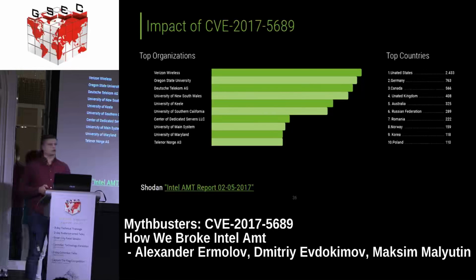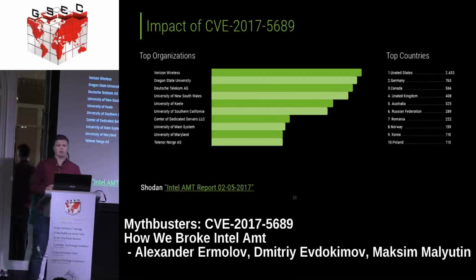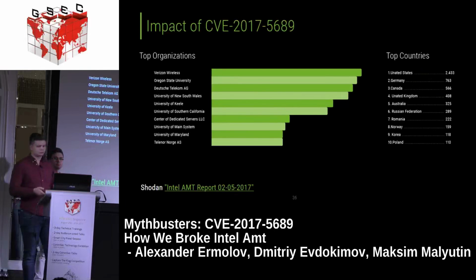It should be taken into consideration that Shodan data covers only the internet, while a good deal of Intel AMT are used in corporate networks. This corporate AMT can easily be used by an attacker who has connected to the network.